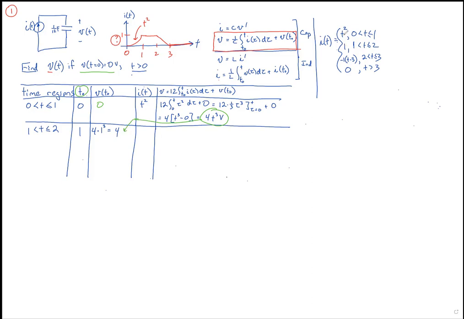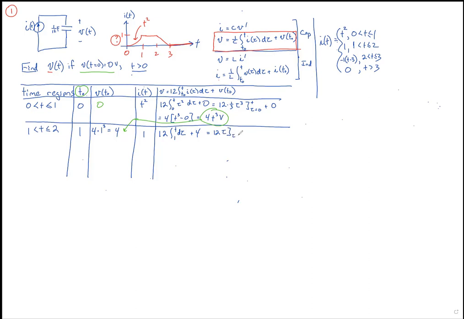We wrote down what I of t is in this region. It's equal to the constant 1. And now we can plug everything into this equation. We get 12 times the integral. We're going to start off at 1 now, up to t, of the constant 1 d tau plus our initial condition, which is 4. So the integral of d tau is just tau.